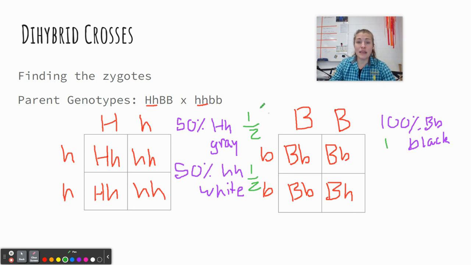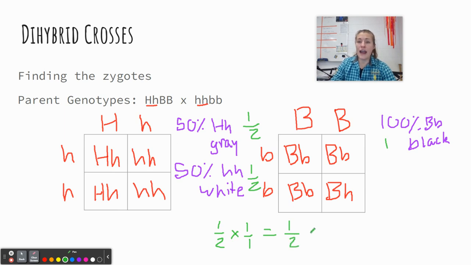So what this means is my chance of getting a gray rabbit with black eyes would be 1/2 multiplied by 1/1, which would be 1, right? So to multiply fractions, we multiply the top. So we do 1, multiply the bottom. 2 times 1 is 2.